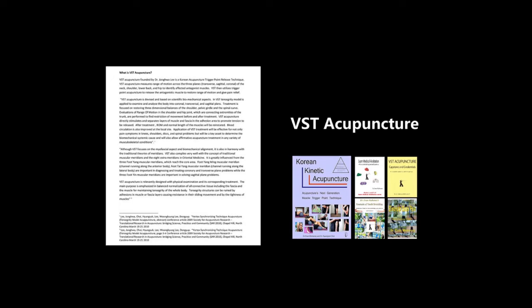VST acupuncture directly stimulates and separates layers of muscle and fascia in the adhesion area to promote tension to be released. After treatment, range of motion and normal length of the muscle will be reinstated. Blood circulation is also improved at the local site.